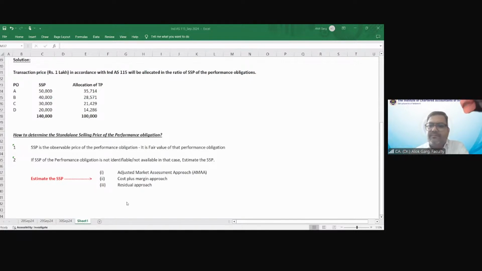Let's say you are selling a package of air condition, installation, warranty, I mean maintenance service, and stabilizer. You are not selling the stabilizer separately. You are always selling it in the package.